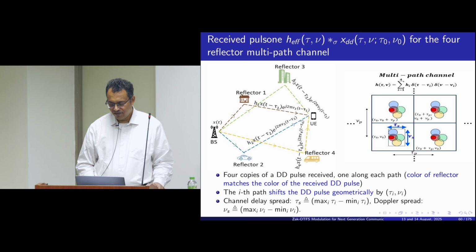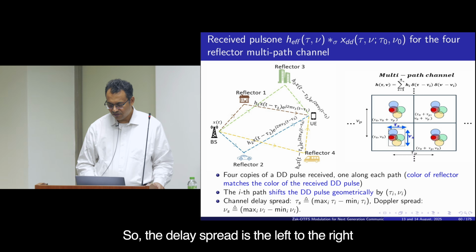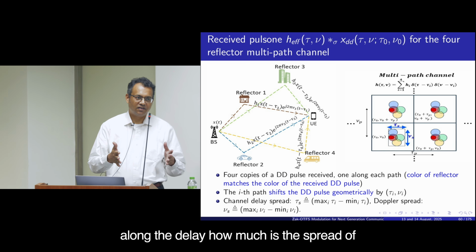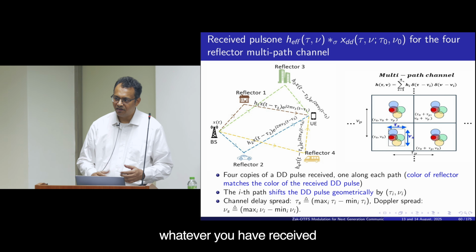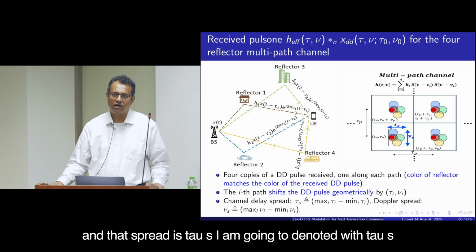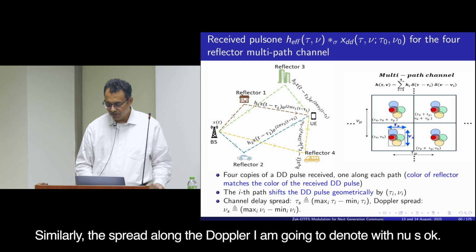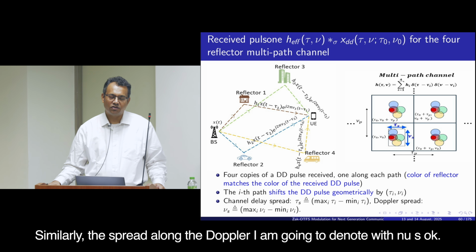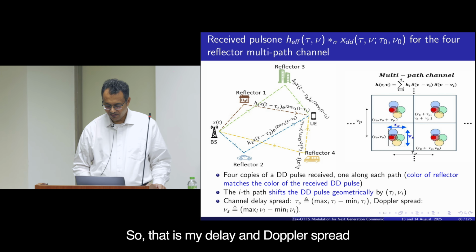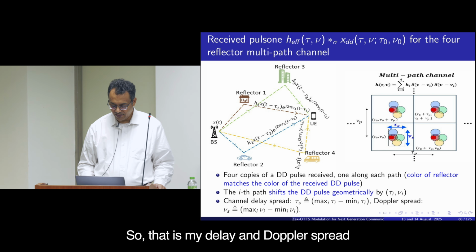So the delay spread is the left to the right along the delay, how much is the spread of whatever you have received, and that spread I am going to denote with tau_s. Similarly, the spread along the Doppler I am going to denote with nu_s. So that is my delay and Doppler spread.